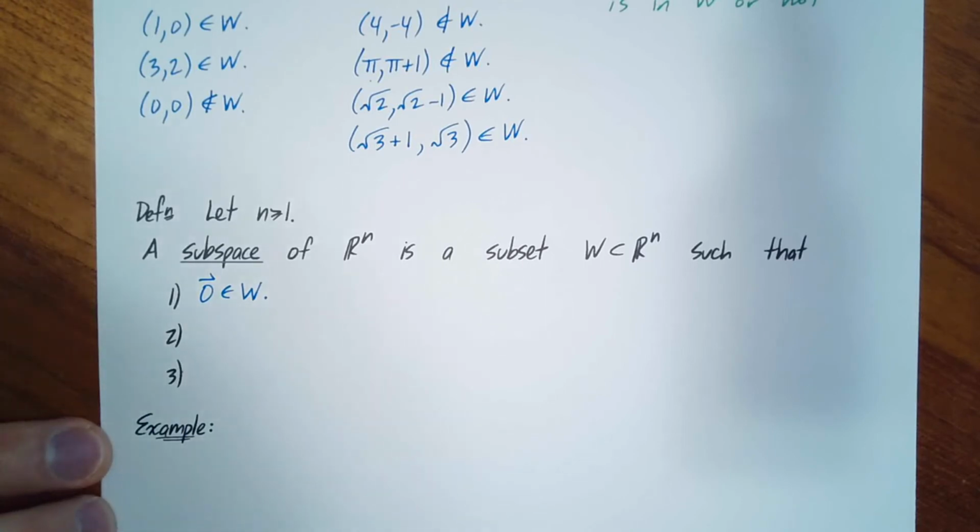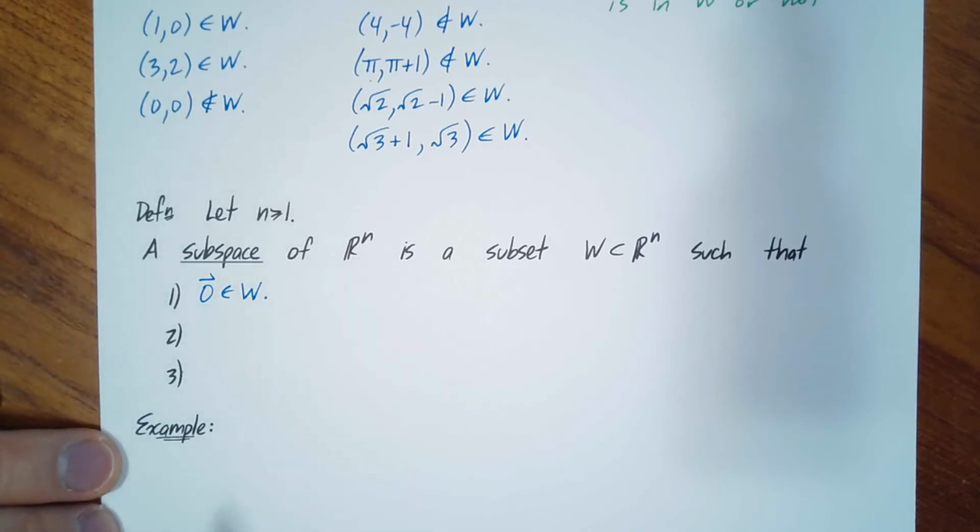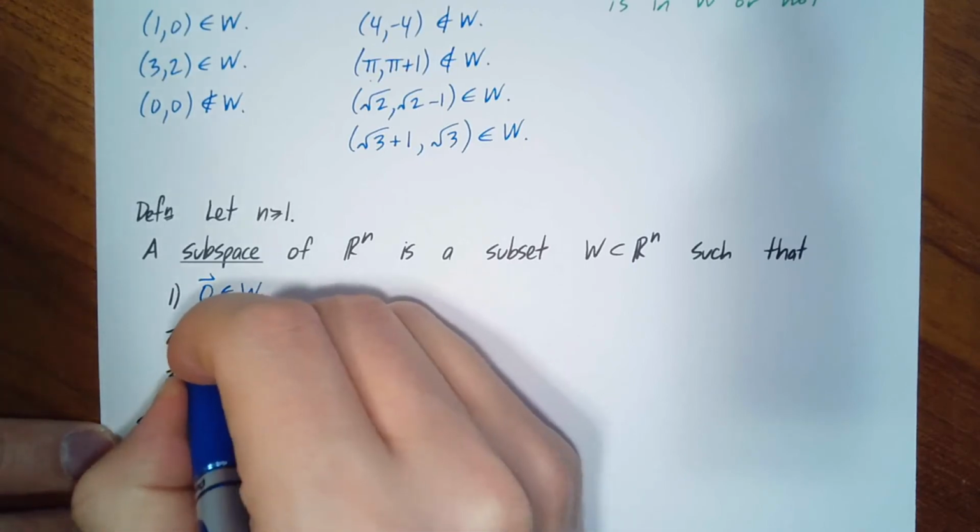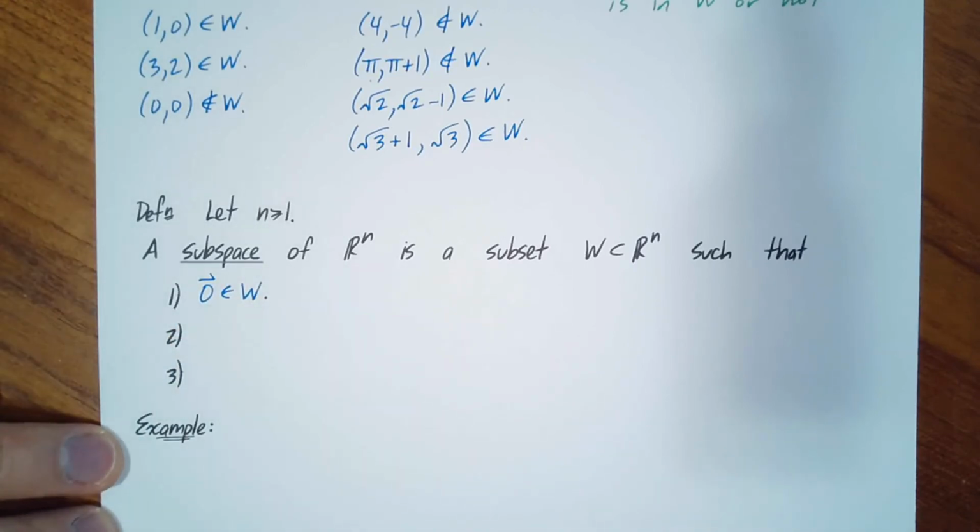The second condition is that if you've got two vectors in W, so any two vectors at all that happen to be in W, then if you add them together, the result had better also be in W. The way to say that briefly in ordinary language is just to say that W is closed under addition.